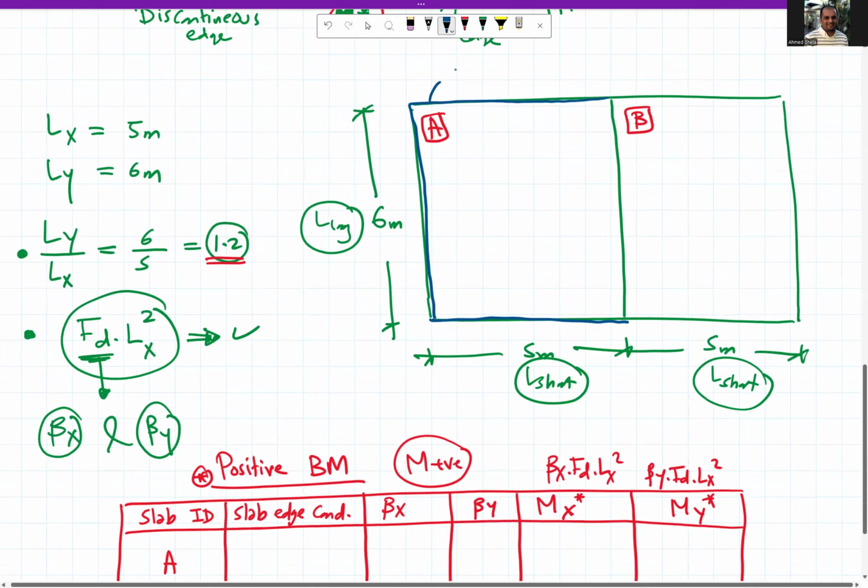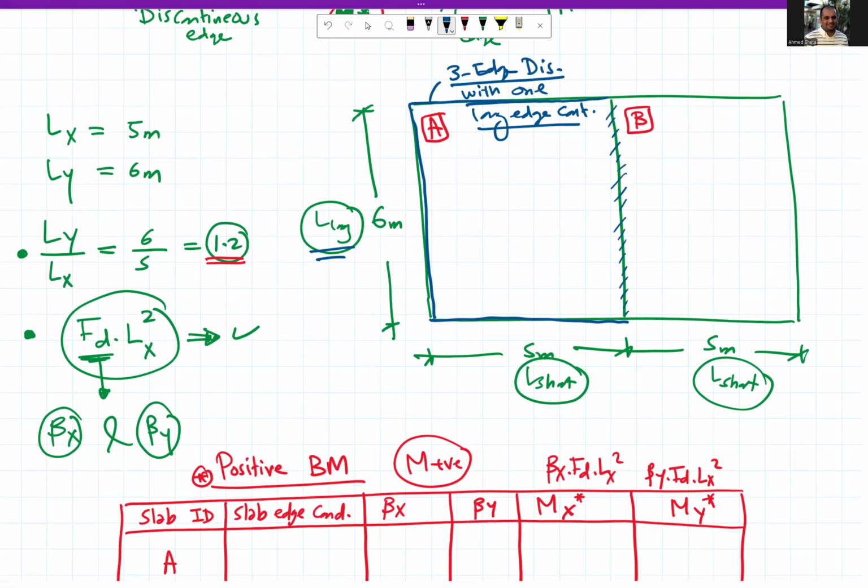So this slab is three edges discontinuous, and this edge only continuous. This edge is the long edge, so with one long edge continuous.